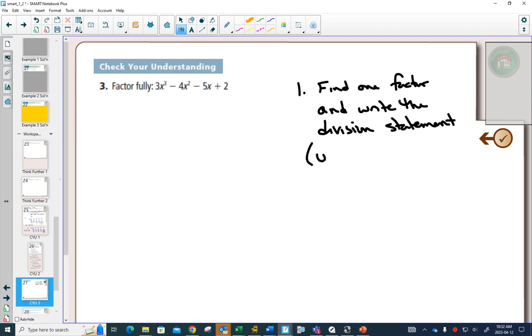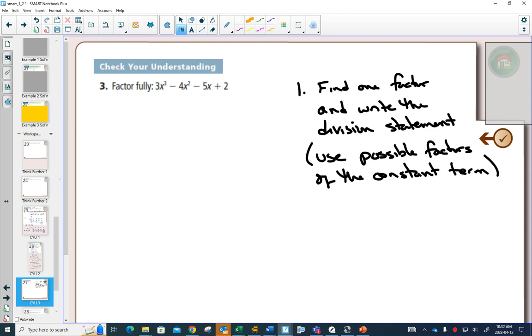To do this, we're going to use the factor property. We have to use the possible factors of the constant term.